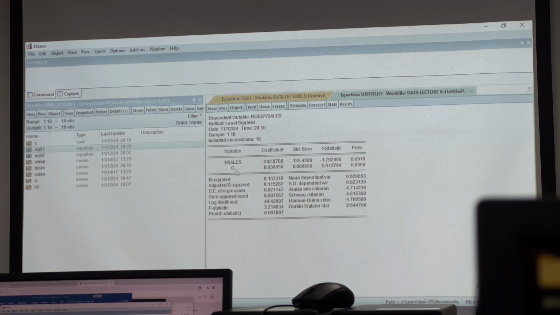Basically this represents the estimate for the slope for sales in the original equation. So our C here is the estimate of the slope parameter for sales in the original equation.